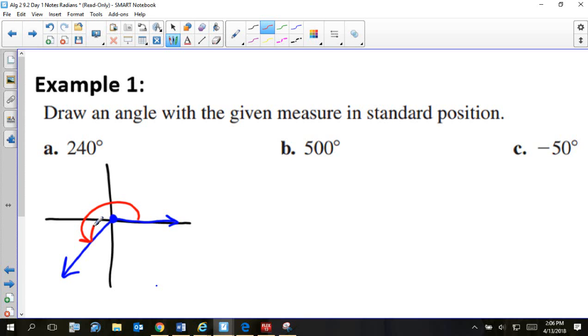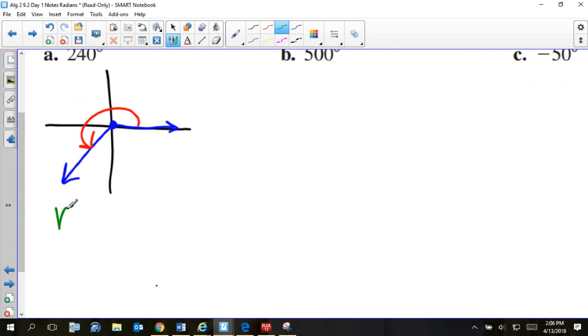There's one more thing that I'm going to do on my picture, so that anybody who looks at my picture and doesn't see 240 degrees knows that it's 240 degrees. We're going to write something called a reference angle. A reference angle is an angle that is formed by the terminal side and the x-axis.